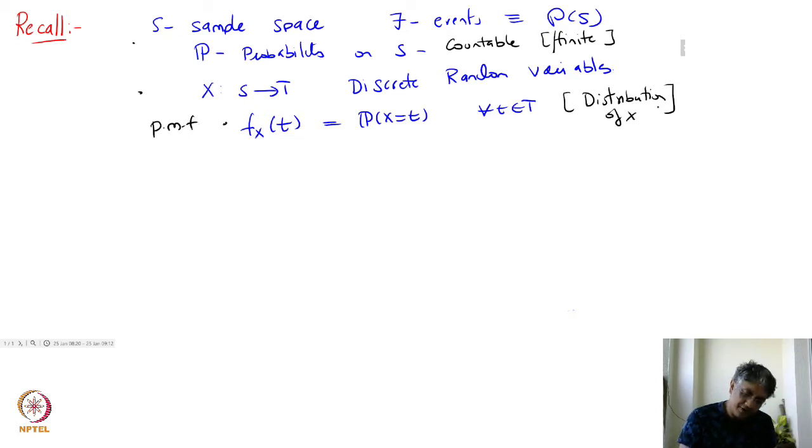So one of the features of these models so far is that the outcome spaces of the experiment are all countable, either infinite or finite, like I said.